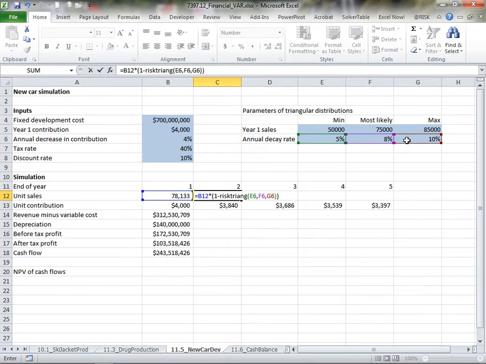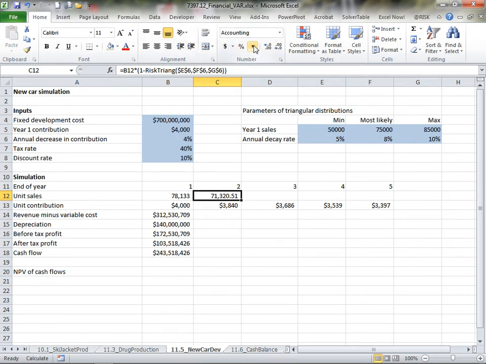Because if I do it this way, now demand in year 2 is a function of demand in year 1. It's just that it's been randomly decayed according to that particular formula. Now I need to make all of these absolute references if I want to copy that across, don't I?